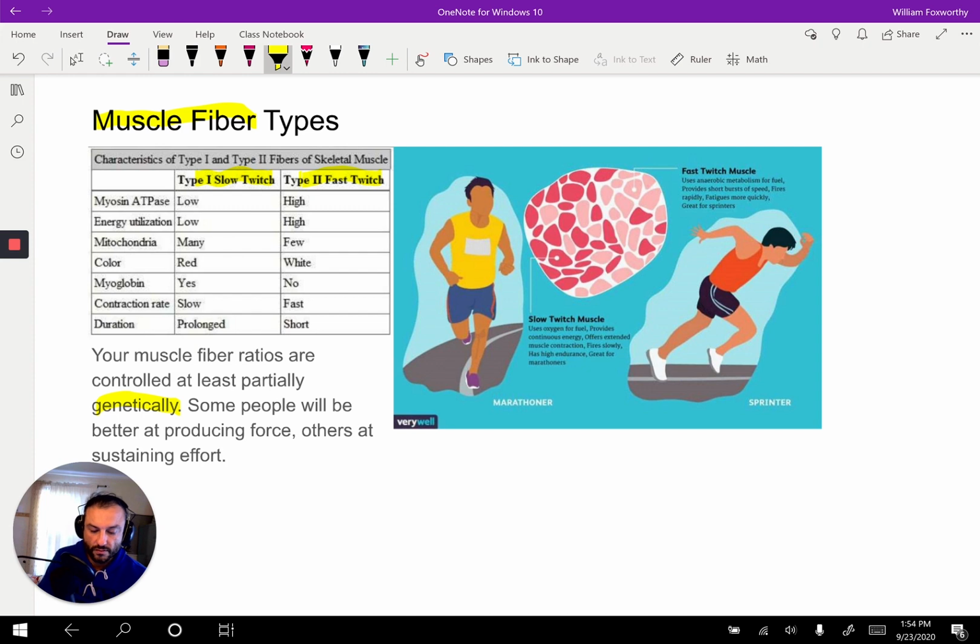As a result, some people are better at producing force, so they'll be better suited to sports like Olympic weightlifting or sprinting, whereas others are better at sustaining effort, so they may be better at a sport like a marathon or a triathlon.